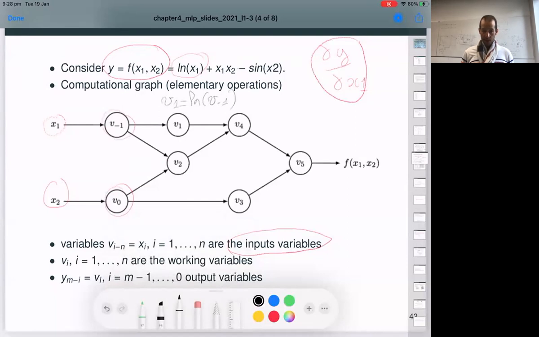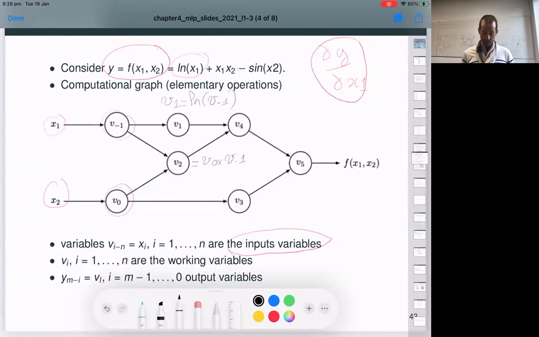V2, what is for us v2? Yes, v2 here is v0 multiplied by v minus 1. So the elementary operation is multiply.